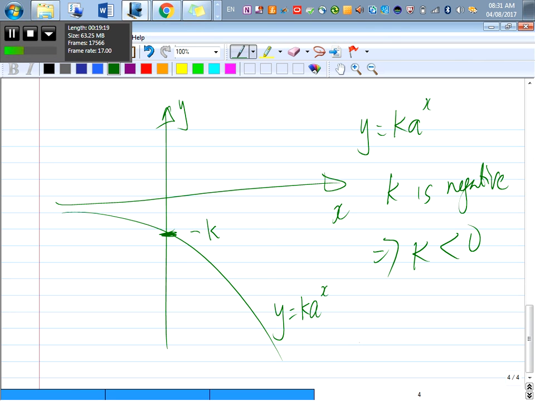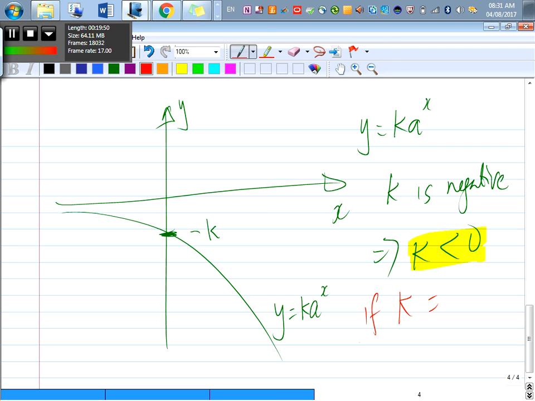But let us refer to this. k is smaller than 0, right? So k is, for example, negative 3, negative 4, negative 5. All these are possible values of k. What is the value of negative k then? Let's assume, if k equals, give me a negative number, any number.